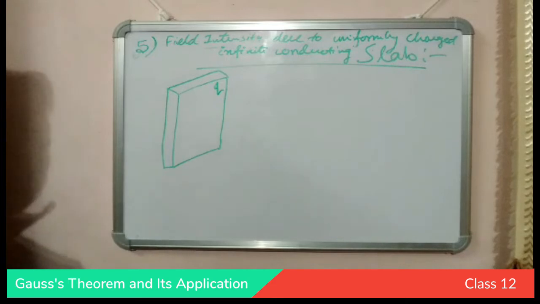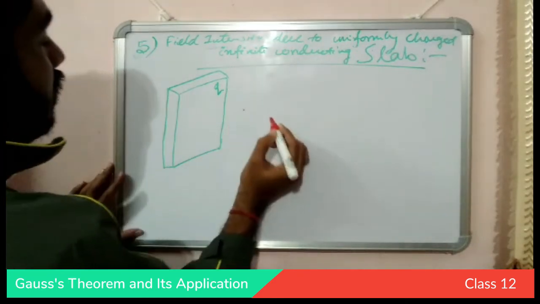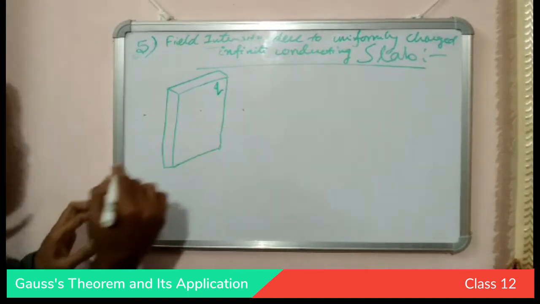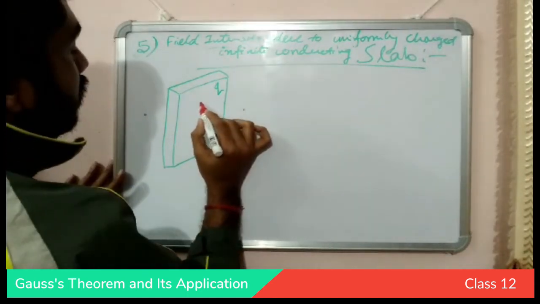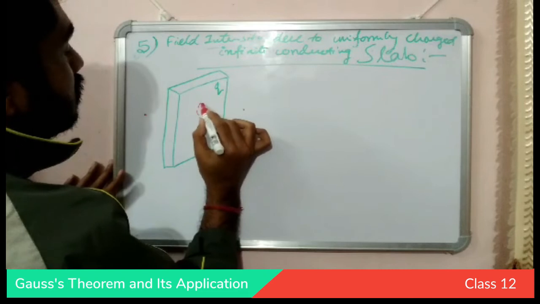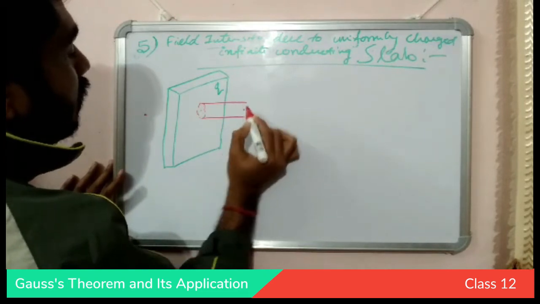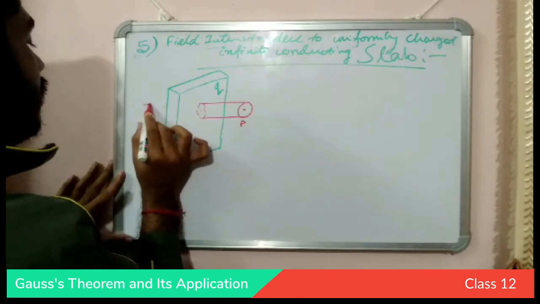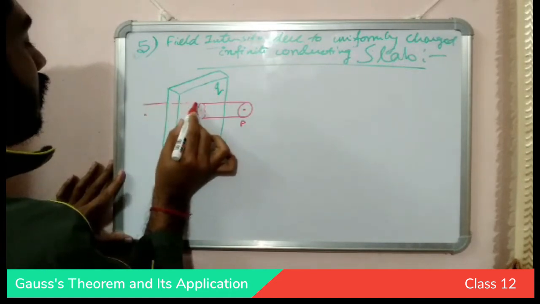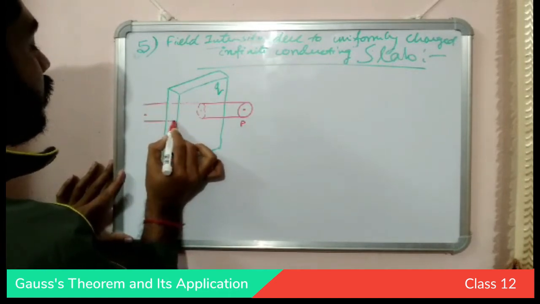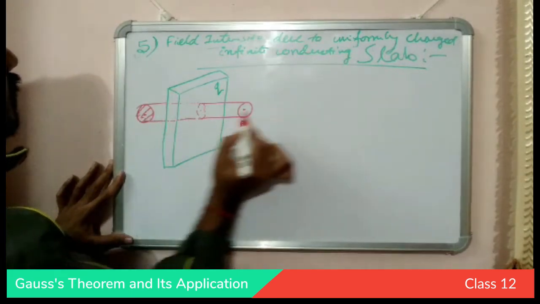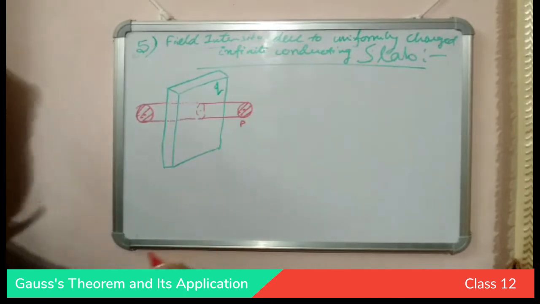So again we have to calculate the electric field here and here. This is the midpoint of the slab, so we will consider a cylinder over here which is passing through the point P, and here also we will consider a cylinder like this.